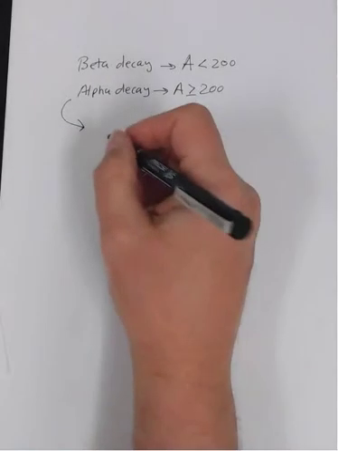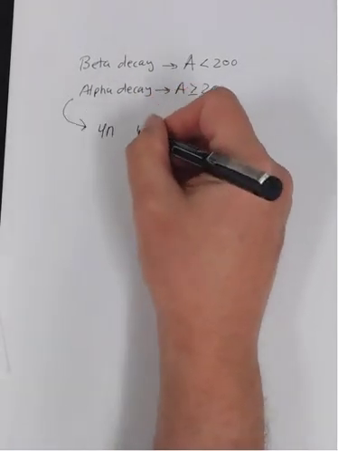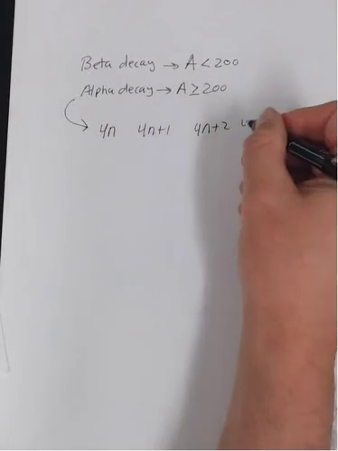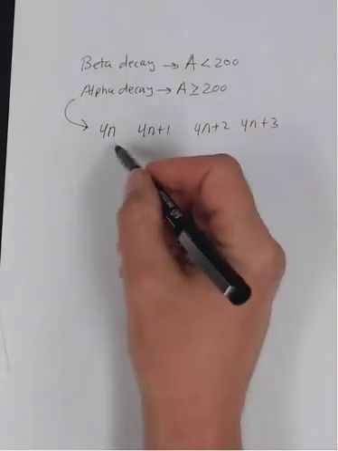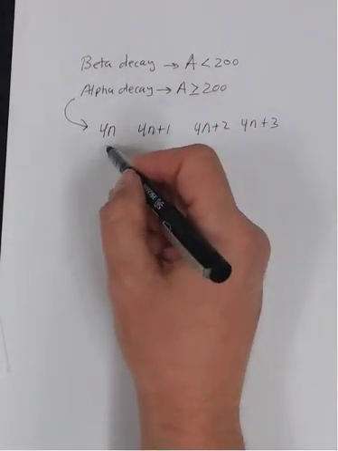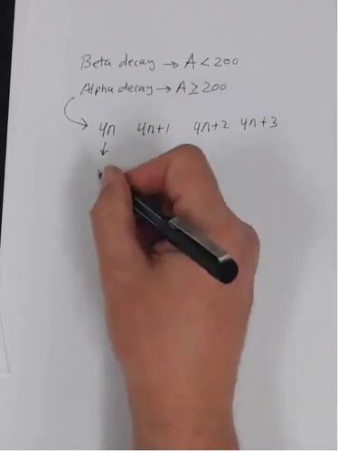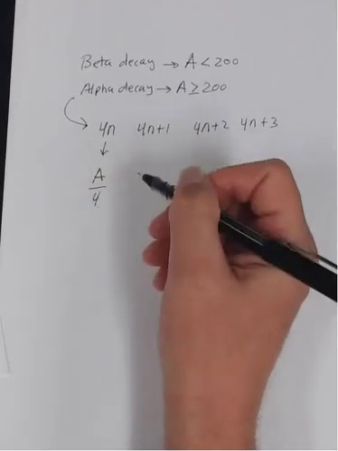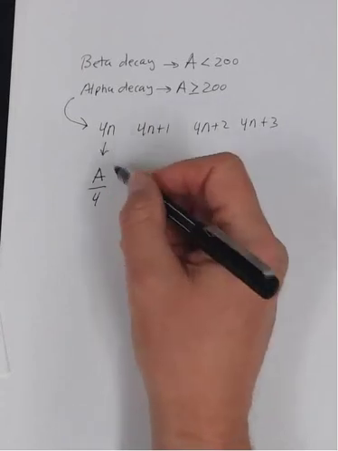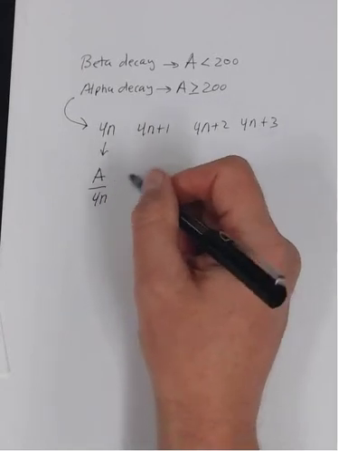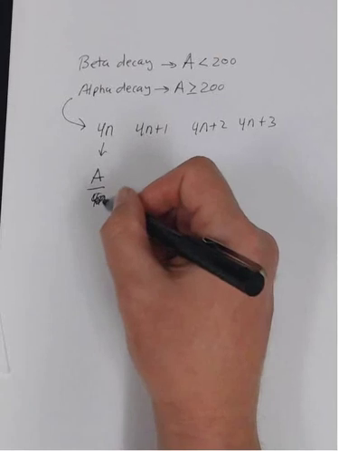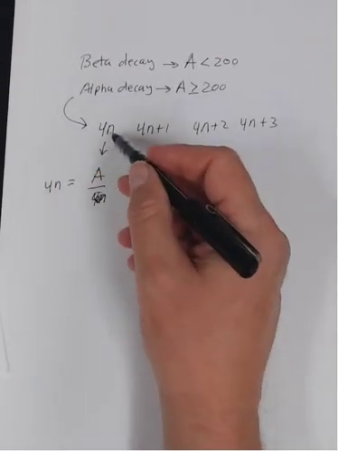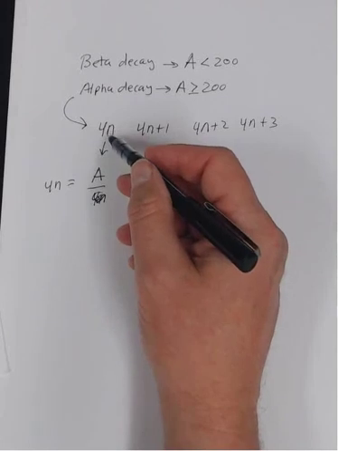So the 4 types of sequences are called 4n, 4n plus 1, 4n plus 2, 4n plus 3. Basically, if you take your total number of nucleons A and divide it by 4, and 4n equals A, then it will undergo alpha decay along this sequence.